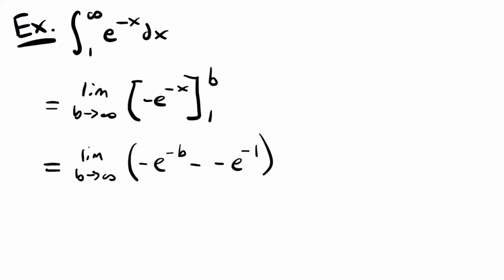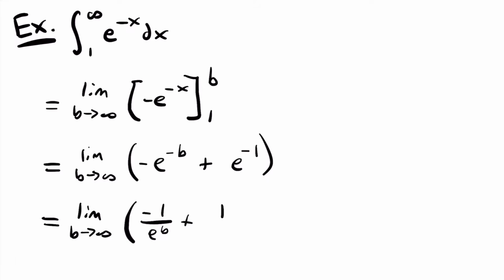Now these two negatives will cancel out to become positive, so we will have plus e to the negative first power. And then if we moved each of these e's with negative exponents to the denominator so that their exponents are positive, then we'd have that this is equal to the limit as b approaches infinity of negative 1 divided by e to the power of b plus 1 divided by e to the power of positive 1.